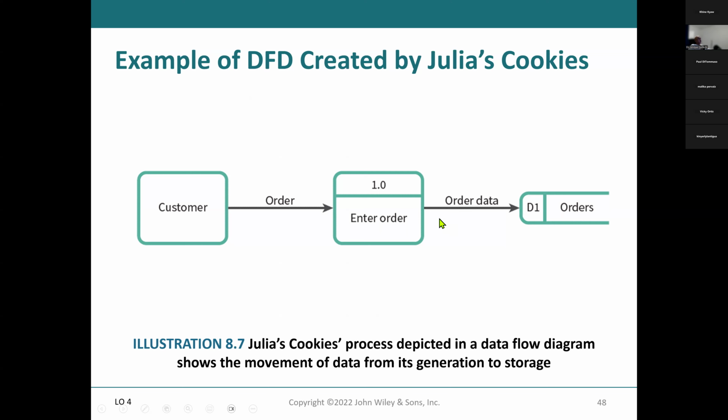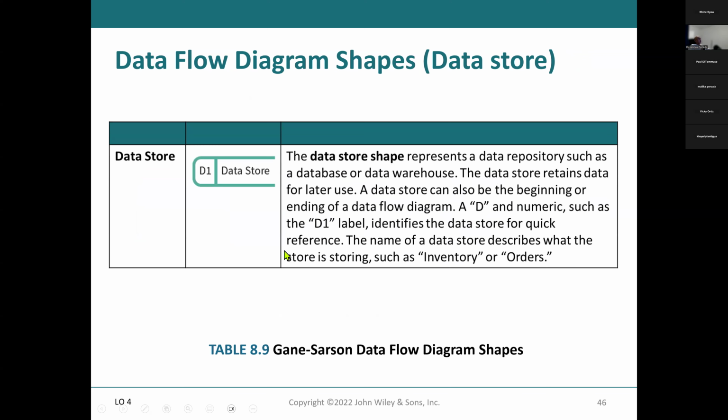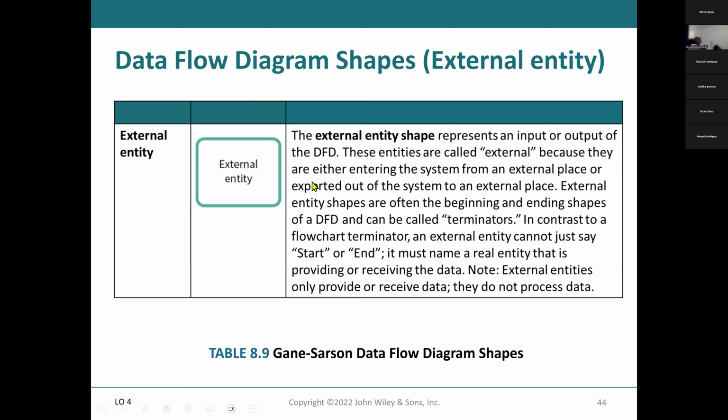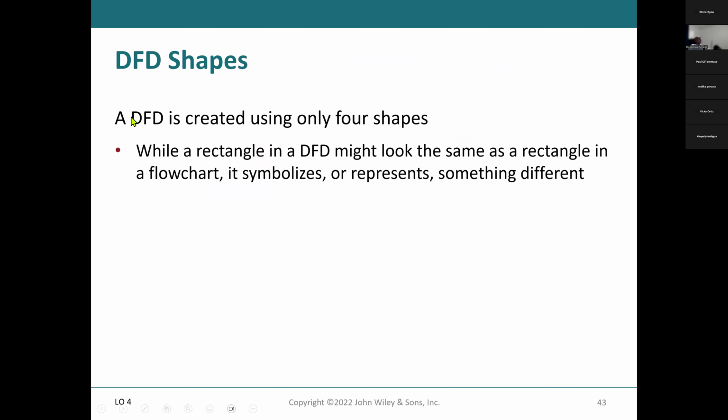So within these, each component that you're seeing in there is created using 4 shapes. A rectangle in data flow diagram might look the same as a rectangle in flowchart, but it represents something different.